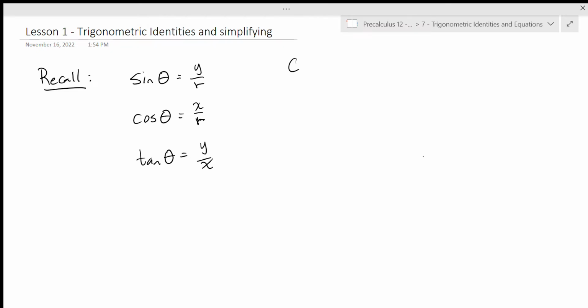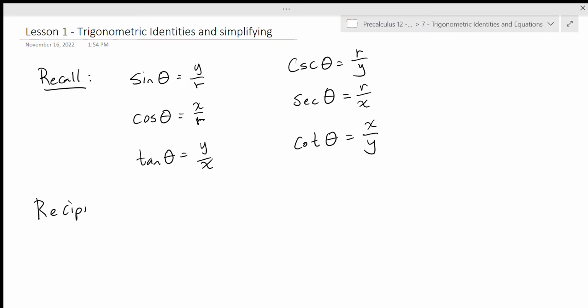So cosecant theta is r over y, secant theta is r over x, and cotan theta is x over y. So this gives rise to what we would call the reciprocal identities.